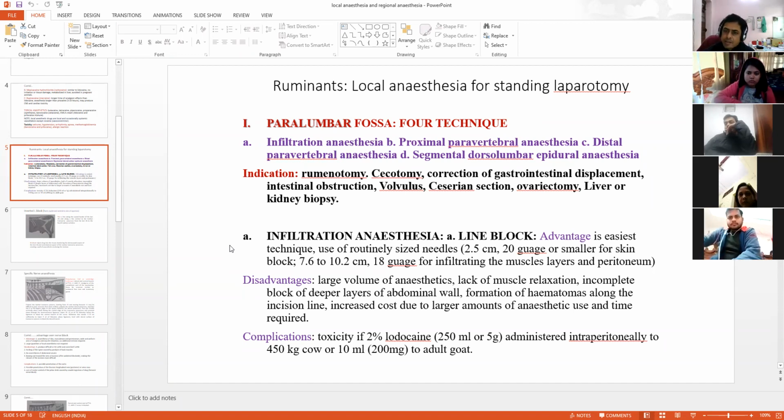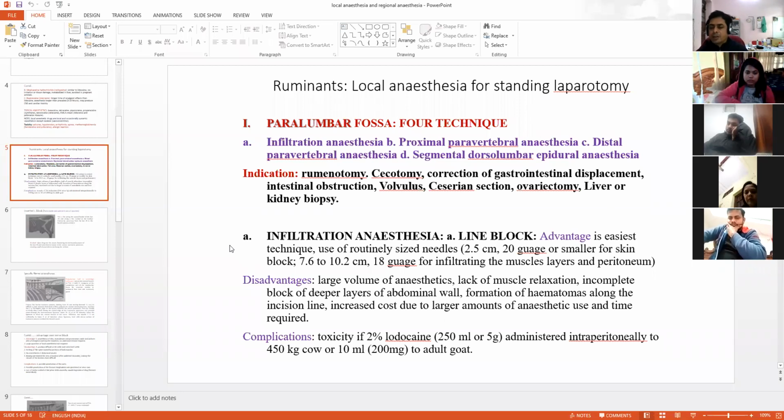The advantage is that it is the easiest technique, and the most commonly used needle size is 20 gauge. Mostly we infiltrate these local anesthetics in the muscle layer and peritoneum.